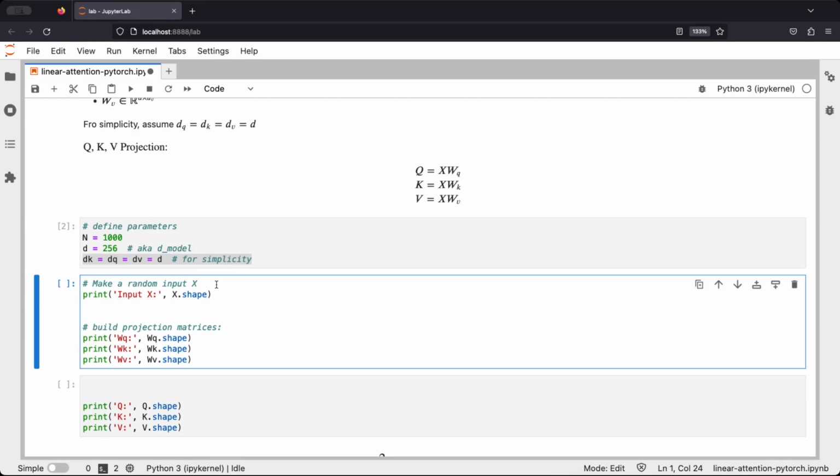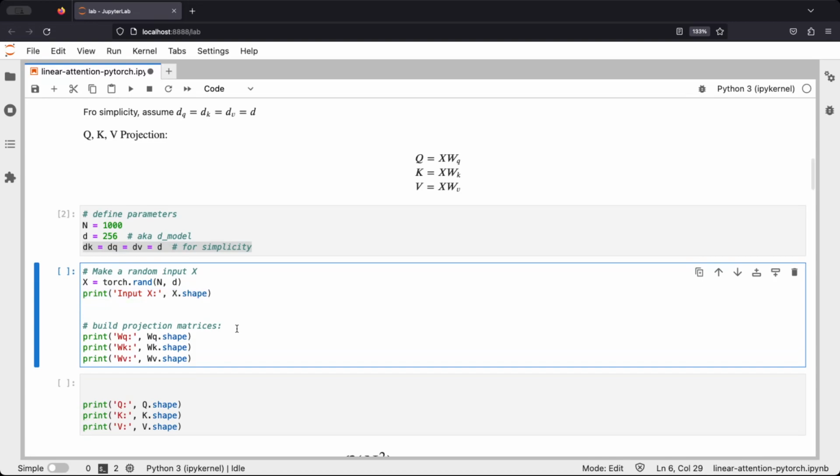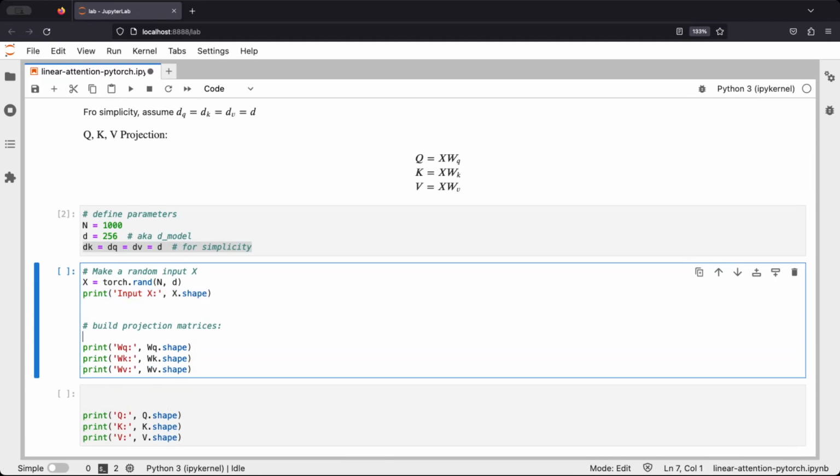So now let's build our input X. X is equal to torch.rand, and the dimensionality is n by d. I have put some print statements already in this notebook so that we can see the dimensionality of these different tensors. After X, we then build WQ, also using torch.rand, and the dimensionality is d by dq.